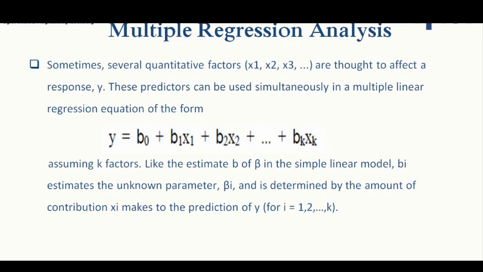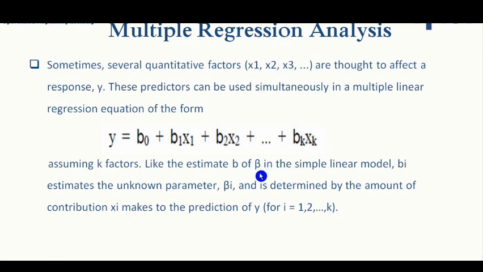If you remember, we had started with y equals alpha plus beta x for bivariate regression. Now, if there are k such predictors, then you will have to start with the equation y equals some constant plus a coefficient times x1 plus another coefficient times x2, and likewise a coefficient times xk. So we assume that there are k such predictors or explanatory variables.